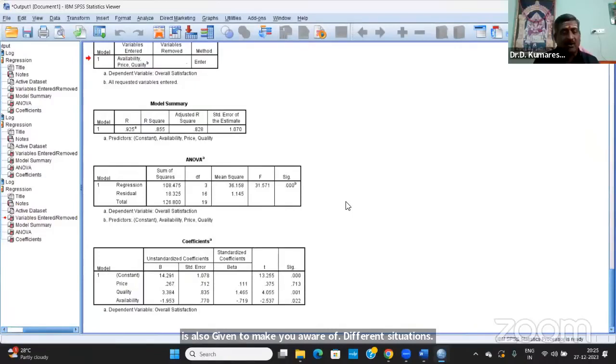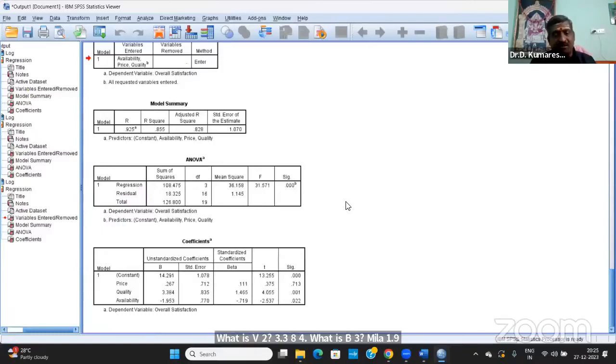Look at the constant, 14.291. What is B1? 0.267. What is B2? 3.384. What is B3? Minus 1.953.